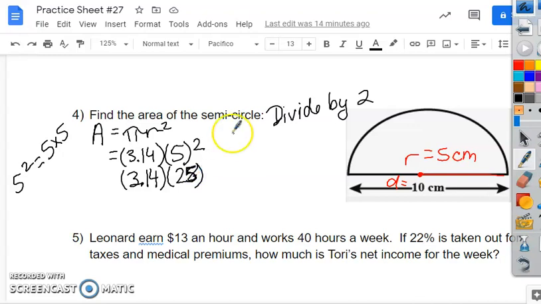So I have to multiply this. 3.14 times 25. Okay? So your job is going to be to solve number 4. Once you get this, you're going to take whatever answer you get here, and then you divide it by 2. Okay?